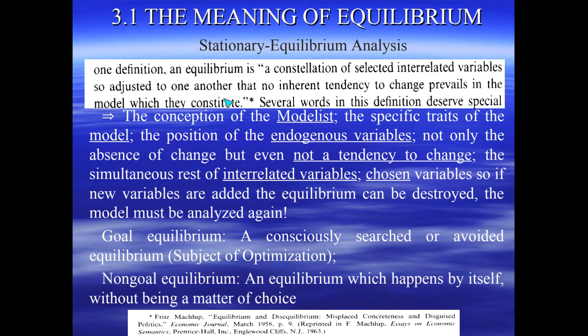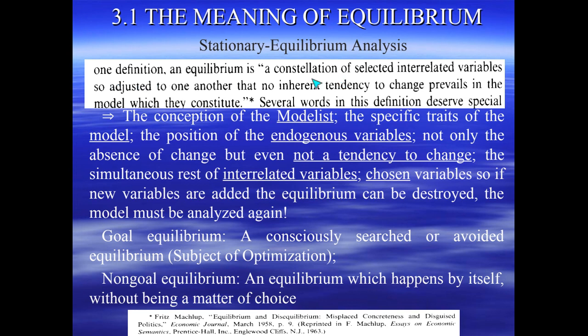We have a very good definition of equilibrium here by Fritz Machlup, an economist. The source is under the page, in the downside of the page, the reference. And what does he say, Machlup?